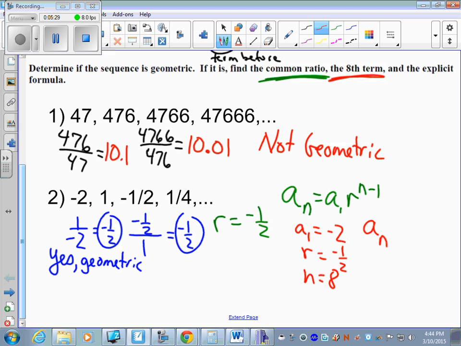So a sub 8. The value of the eighth term is -2 times, I put everything in parentheses, (-1/2) to the 8 minus 1. Put that into the calculator.